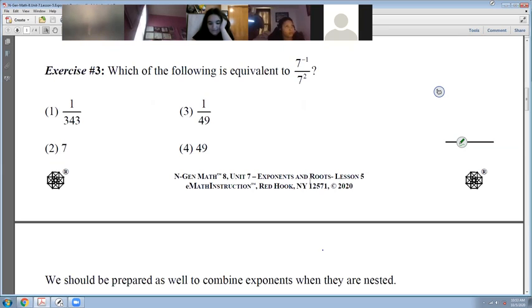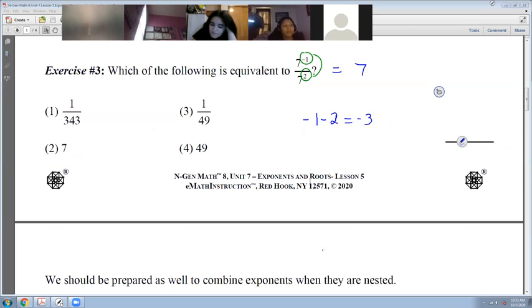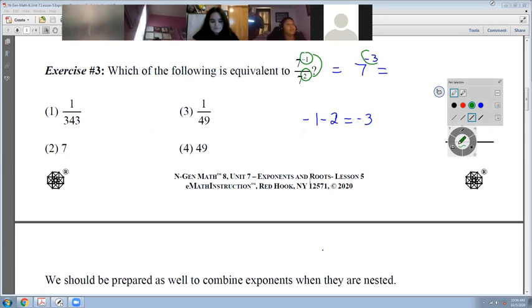Danal, in exponents, division turns into subtraction. Awesome, Danal. That's it. What will it be? 7 to the power of -1 minus 2. You can use your calculator, guys, for that: -3. Awesome, Danal. Last question for you, Danal.